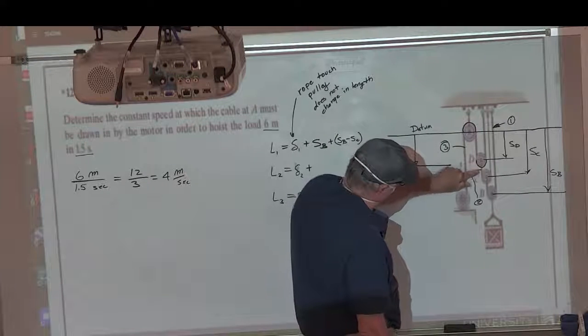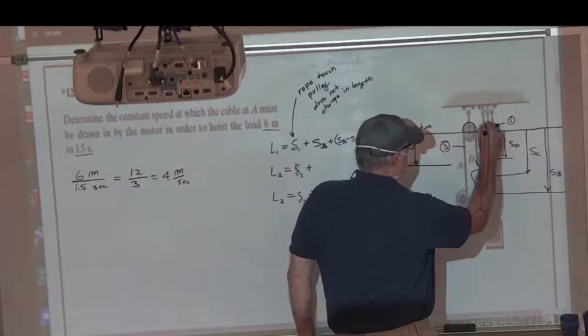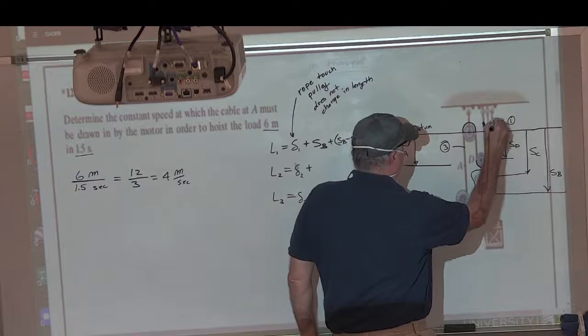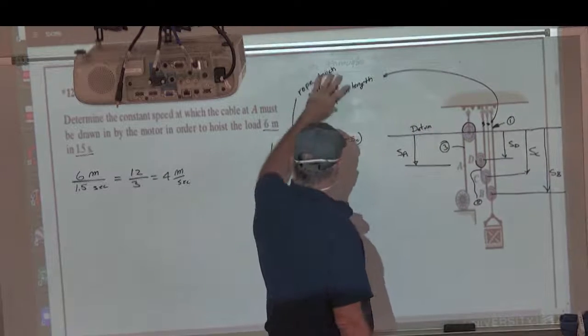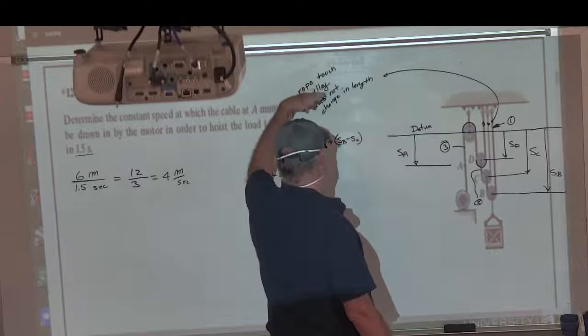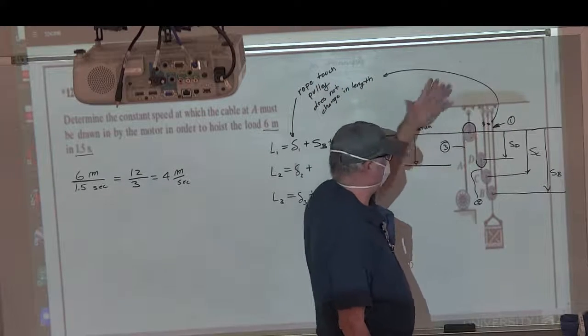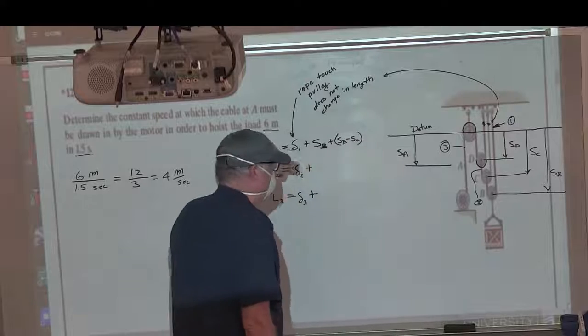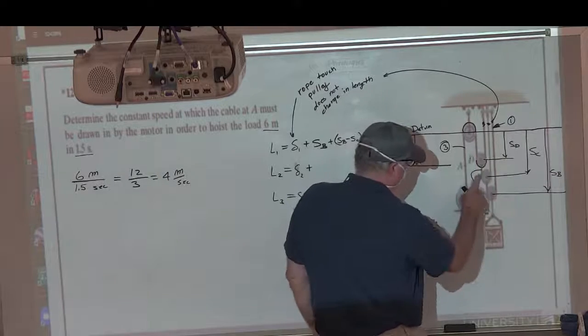Rope 2 is this part. I'm not considering this one, or this one, these could be thought of as being in the deltas. So the rope that touches the pulley doesn't change in time, but also this top rope doesn't change in time either. So let's look at L2. It's this.